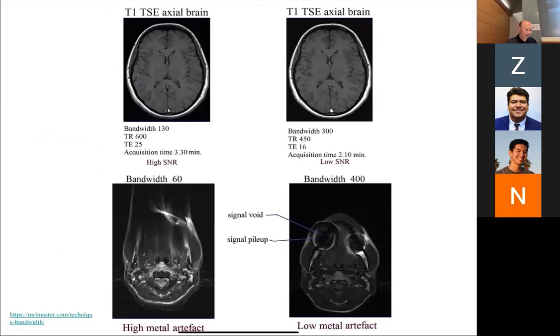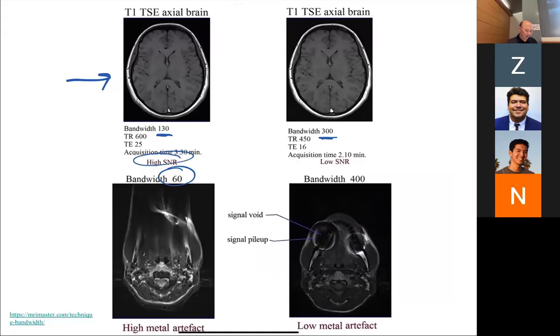This is a really nice example, where here I have a bandwidth of 60. If it's a normal brain, I get a nice, high SNR here. Here's a bandwidth of 130 versus 300, and in this case I do get an increase in SNR.